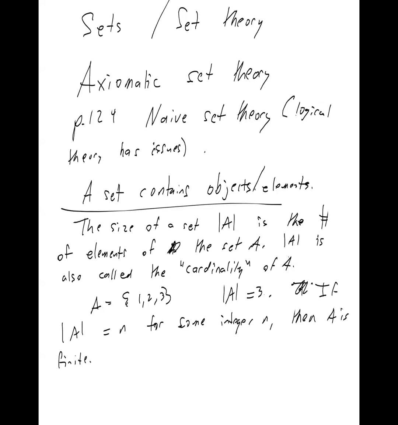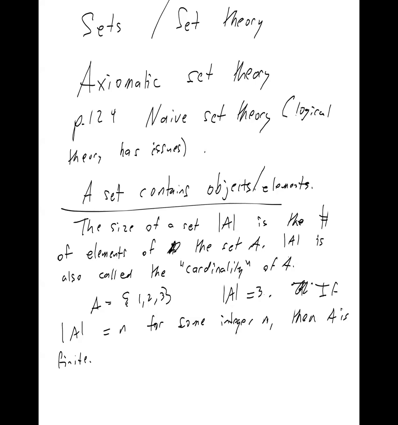So if you have a finite set, that means there's a finite number of things in it. All sets that are stored on computers obviously are finite sets because computers don't have an infinite amount of storage. But in math, you can have the idea of something that's infinite.